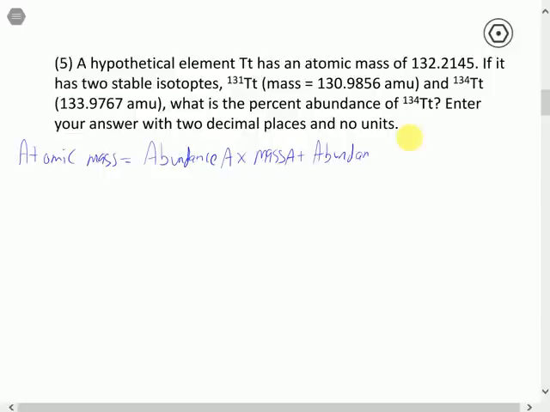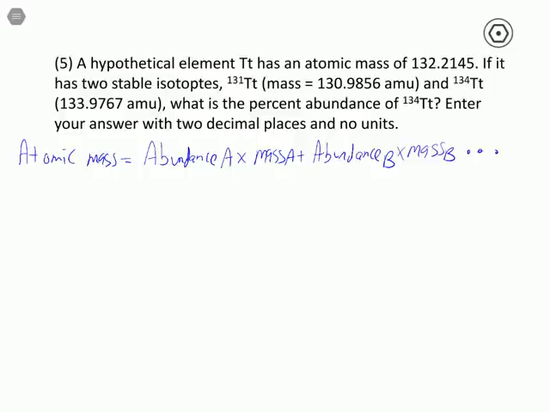It's the fraction, not the percent. So if you have 2 isotopes A and B, this is the formula. If you have more than 2 isotopes, you just keep going down the list until you run out of isotopes. For every single isotope, you take its abundance times its mass, and then you add that string of numbers together to get the atomic mass that's reported on the periodic table.